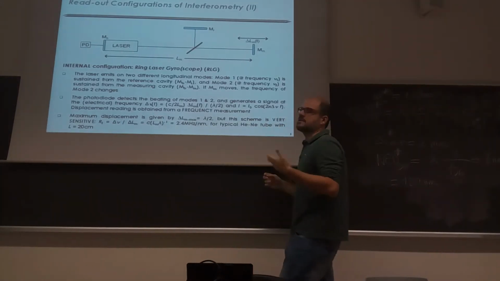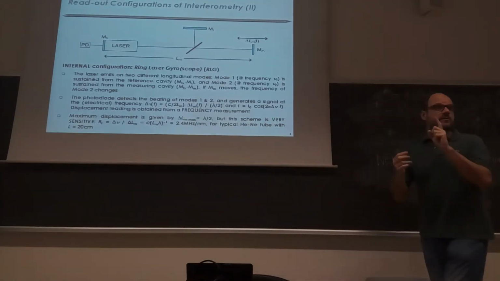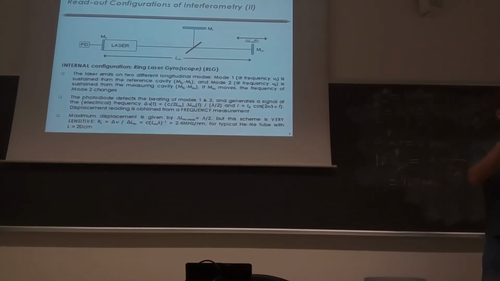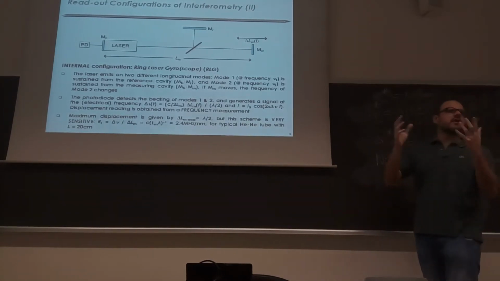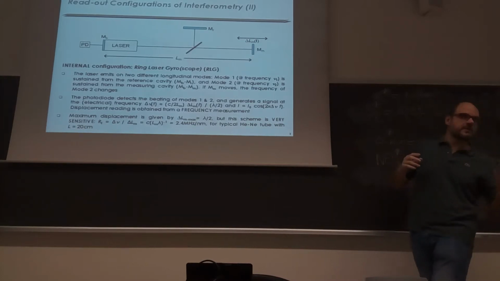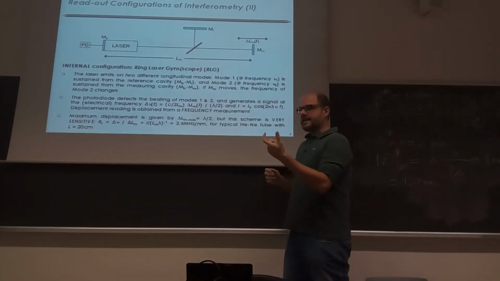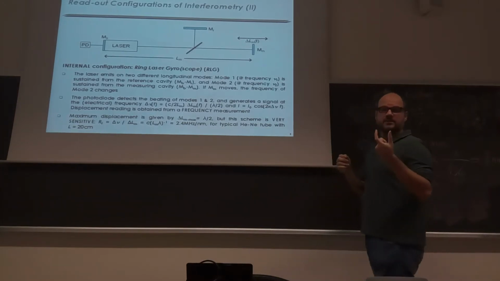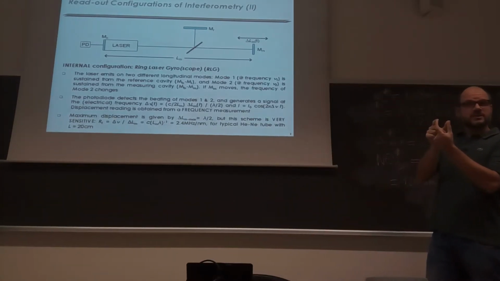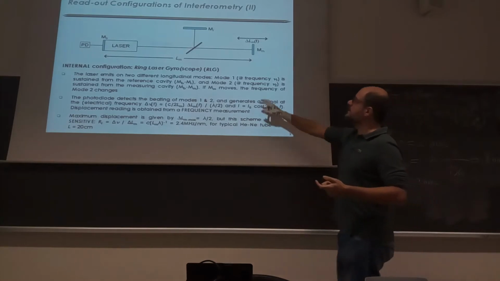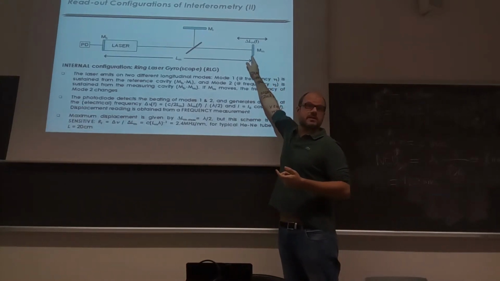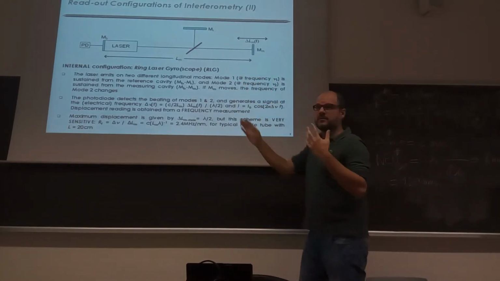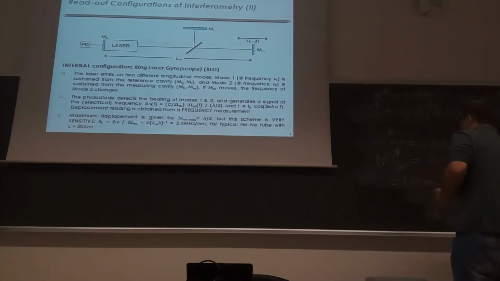You have a signal with a carrier whose frequency is given by the difference of the two modes. This is more or less what we have seen in the double frequency interferometer. The frequency of this photodetected current, or carrier, changes if this mirror changes its position.